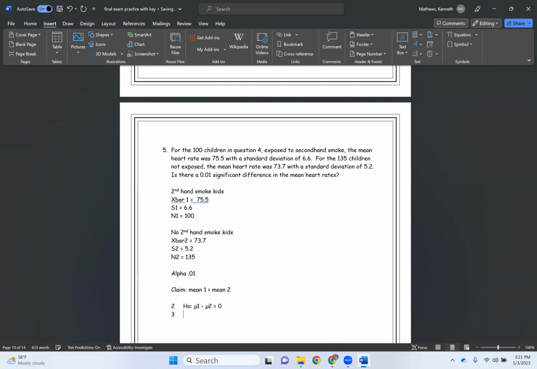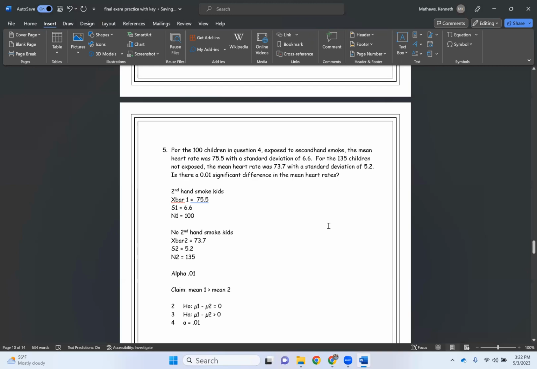And the alternative hypothesis is that mu1 minus mu2 is greater than 0. And for part 4, alpha is equal to 0.01.